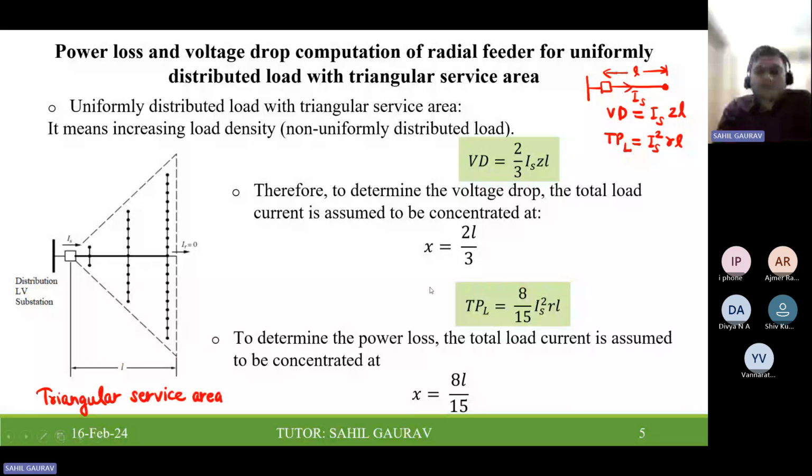So for the triangular service area, this voltage drop expression comes out as 2/3 of IS Z L.